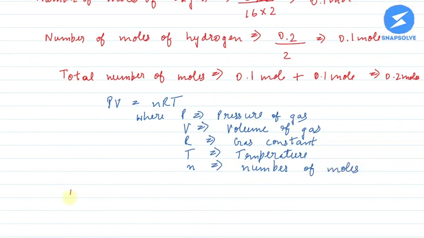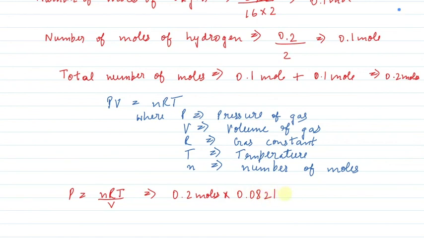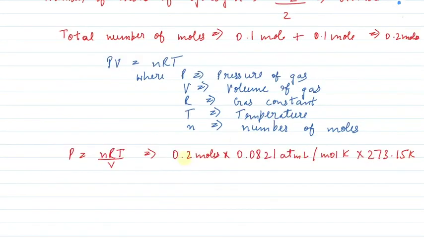So, P will be equal to nRT by V, which will be equal to 0.2 moles multiplied by 0.0821 atmosphere liter per mole per Kelvin multiplied by 273.15 Kelvin divided by 1.12 liter.